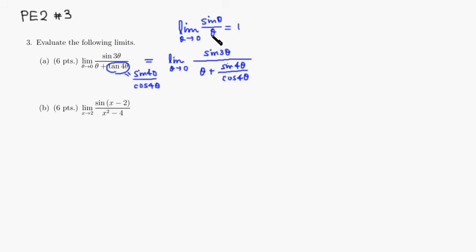Then what we want to do next is force ourselves to create a sine of theta over theta expression. You can see that the sine is on top, so divide the numerator by theta, and do the same to the denominator. That way we can create a couple of sine over theta expressions.